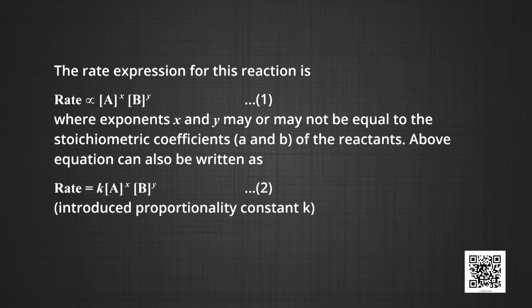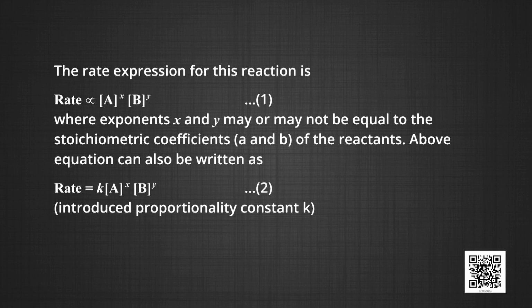Here the exponents x and y may or may not be equal to the stoichiometric coefficients small a and b of the reactants. The above equation can also be written as rate equals k times the molar concentration of A raised to power x into the molar concentration of B raised to power y.